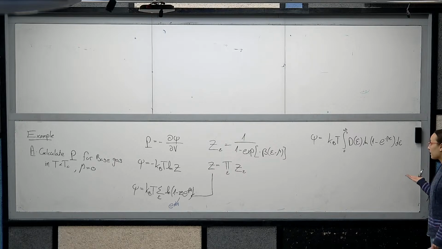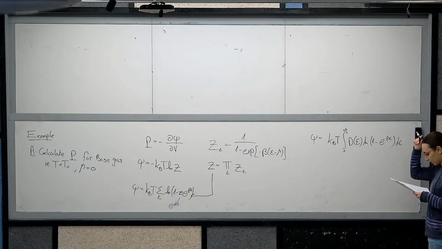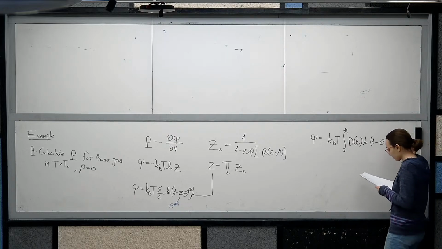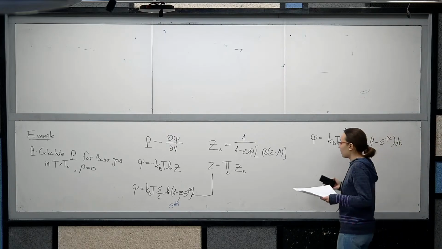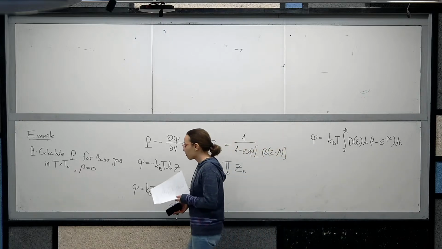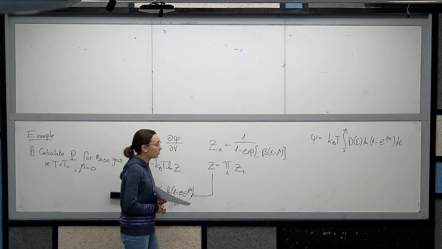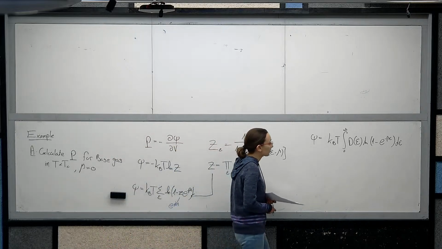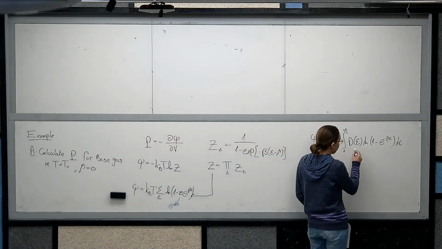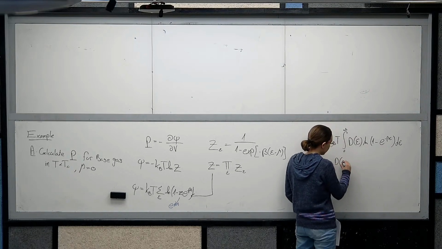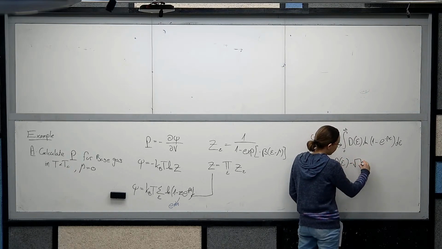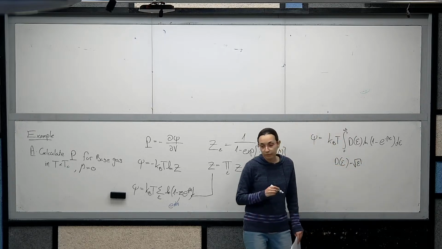And now we need to solve this integral to get our grand canonical potential. This integral is not straightforward to calculate. Right, our density of states goes like the square root of epsilon.